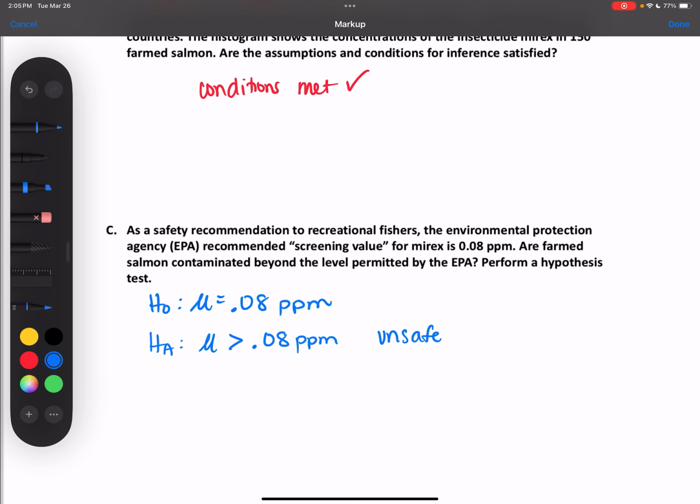I can use the formula for T sub 149 and get a value, so that would be 0.0913 minus 0.08 divided by standard deviation divided by the square root of the sample, so 0.0495 over the square root of 150. And we can get an approximate value here.